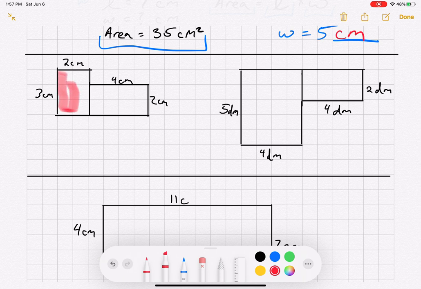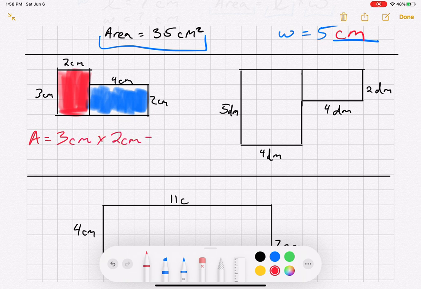I am going to find the area of my red rectangle, and then I'm going to find the area of my blue rectangle. The area of my red rectangle is going to be 3 centimeters times 2 centimeters, which is going to equal 6 centimeters squared. That's supposed to be squared.